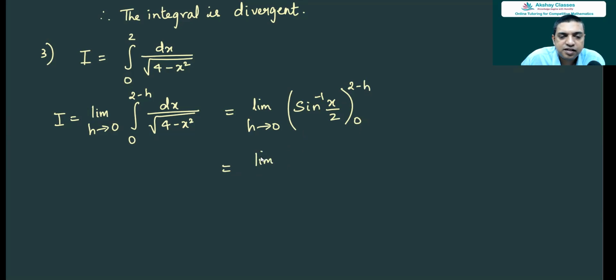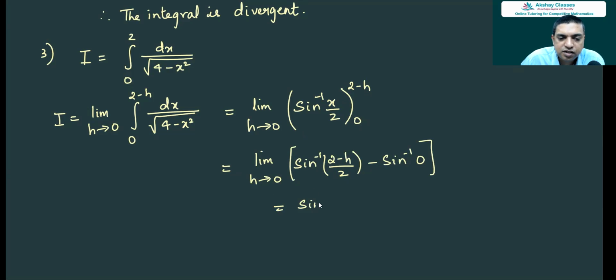This is sine inverse of (2 minus h) upon 2 minus sine inverse 0. Sine inverse of 0 is 0, and as h tends to 0, this goes to sine inverse 1 minus 0. Sine inverse 1 is pi by 2. So this integral converges to pi by 2.